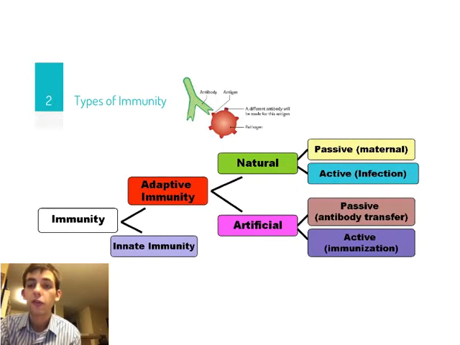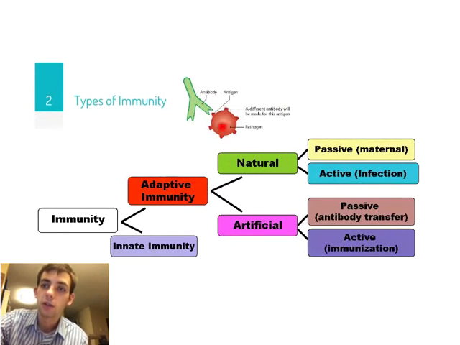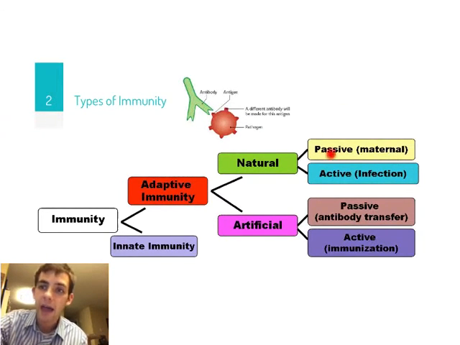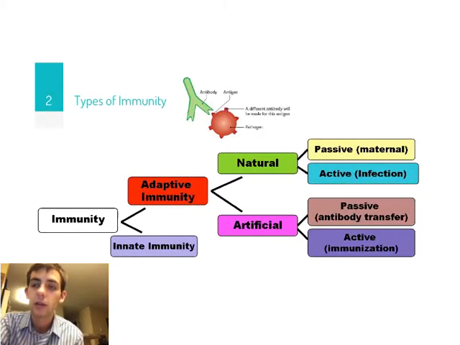And there are two subtypes of adaptive immunity, and that is passive and active immunity. Depending on whether we're talking about a natural adaptive immunity or an artificial adaptive immunity will determine what that passive and active is. So an example of a natural passive adaptive immunity is when an embryo is developing within a female.